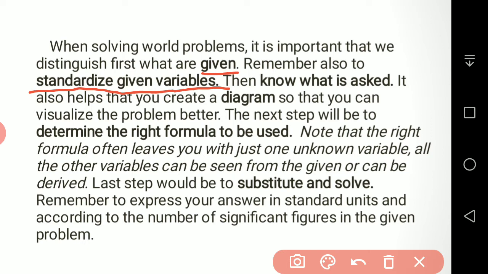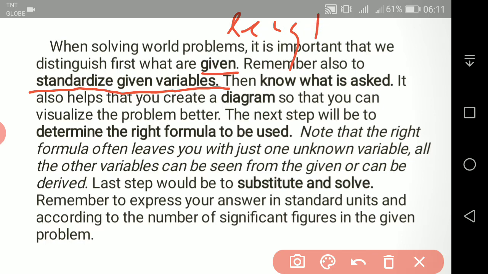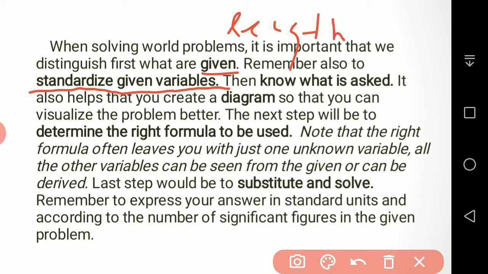Kung length ang pinag-uusapan, yung standard unit ay meters.